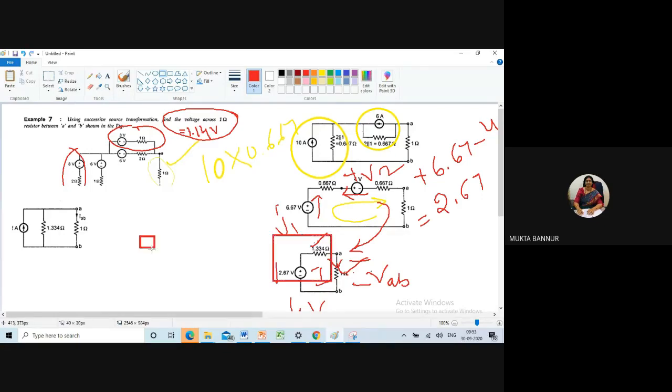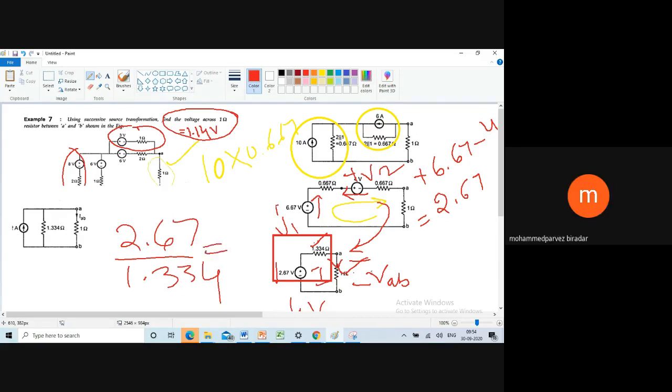That is 2.67 divided by 1.334. What's the answer? Get me the answer. 2 ampere, ma'am. Right? Okay. So this voltage source has been replaced by an equivalent current source whose output current is 2 ampere. Correct? So whatever resistance is in series with the voltage source, I will be connecting it across the resultant current source.